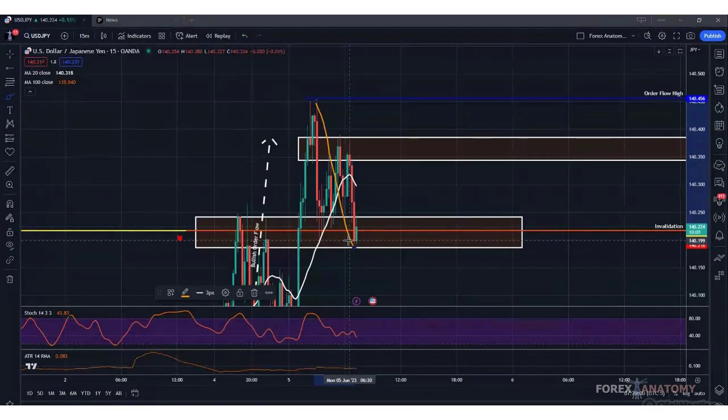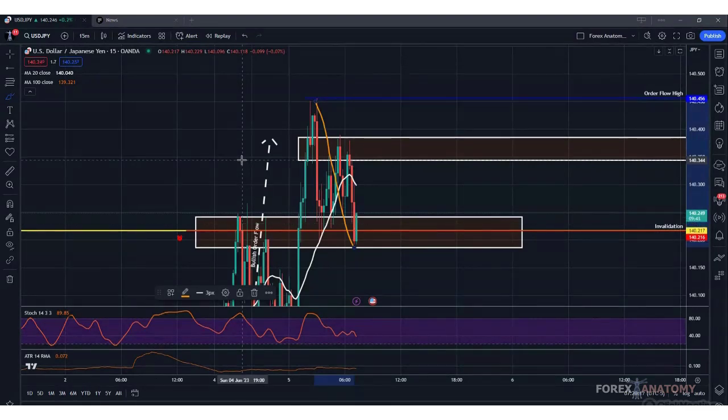This could be leg A, and what we could see is the correction, which could be leg B, and then another leg C. That's what trading is all about, really: making judgments and doing the best you can with what you know and what you see.